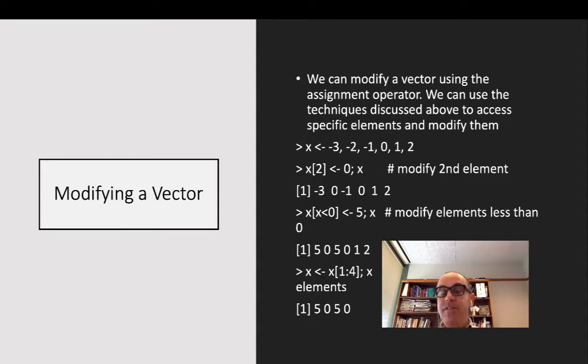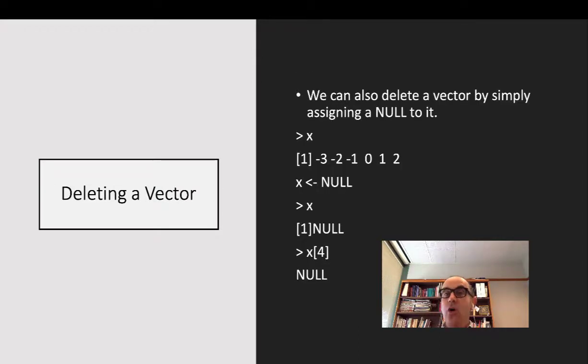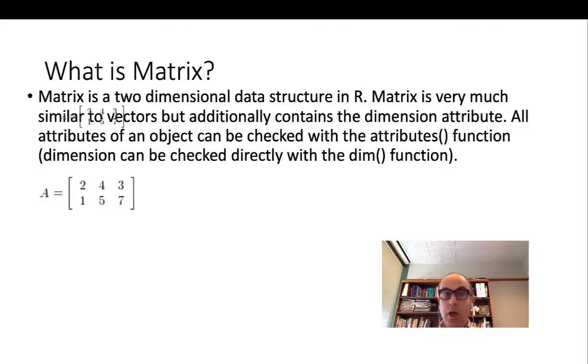And so modification of the container allowed me to follow up on it and be able to see the result of my modification. We can also delete the vector by assigning null to it. And again, in this case, if it's null, it will not come up through.